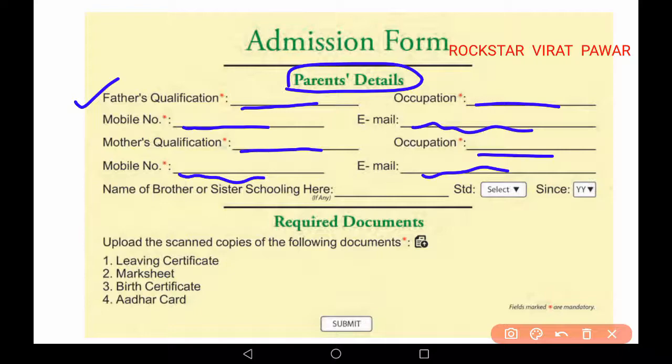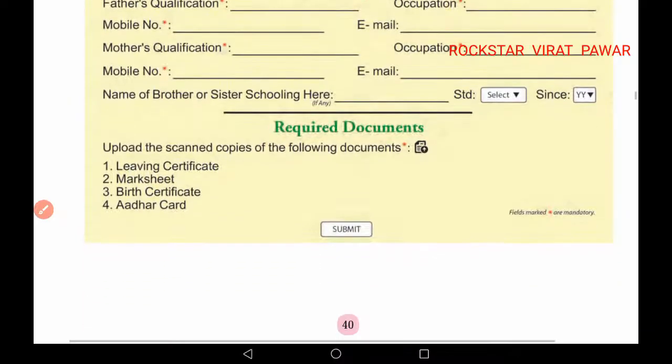Name of brothers and sisters, schooling here. If you have 3 sisters or 2 sisters, you can add the numbers and then the standard and the year you have to select. Then upload the scanned copies of the following documents.